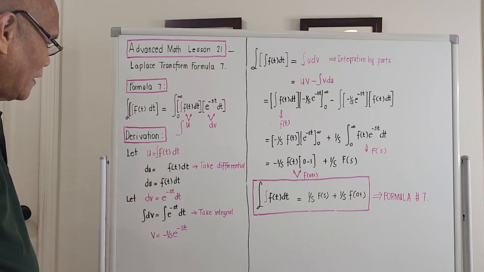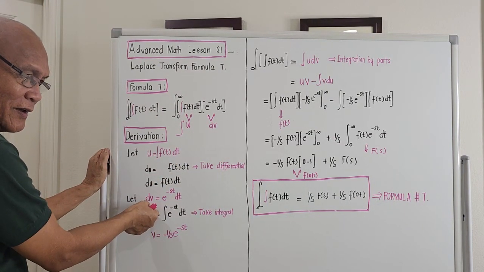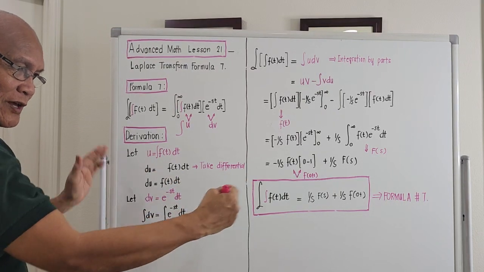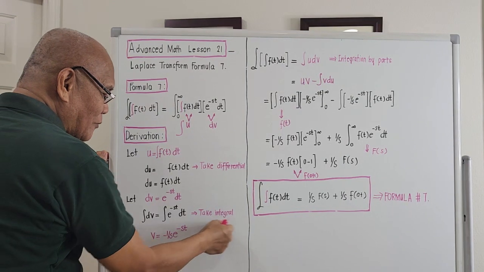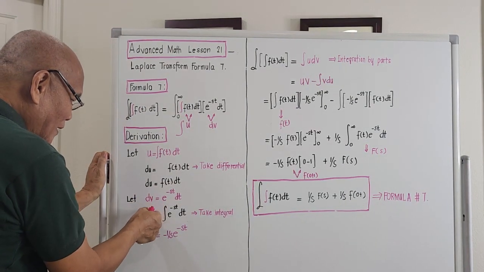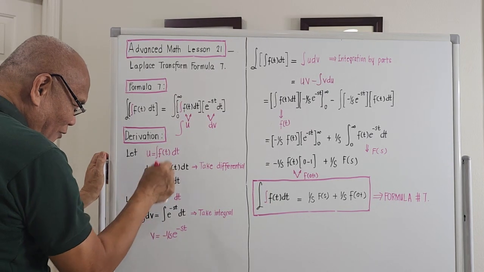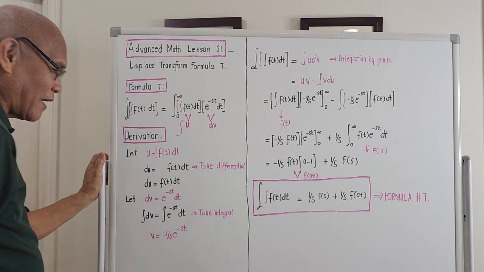And to compute for v, we must eliminate this differential here. To eliminate the differential sign on the left-hand side, we take the integral of both sides. So the integral of dv should be equal to the integral of e raised to minus st times differential time.